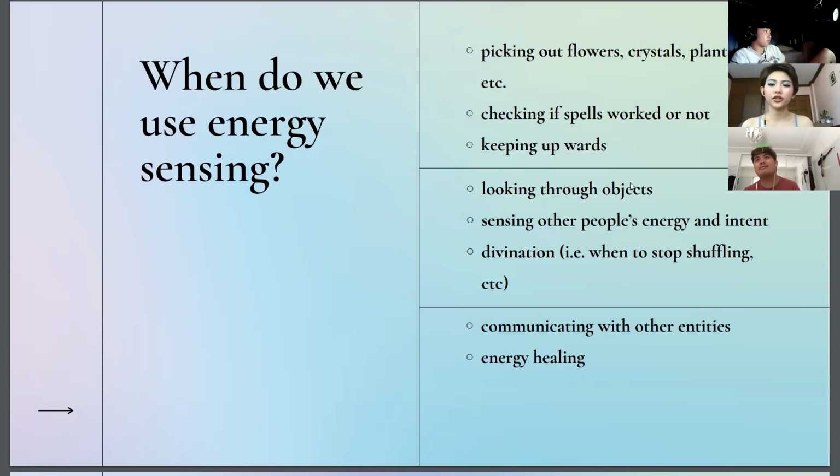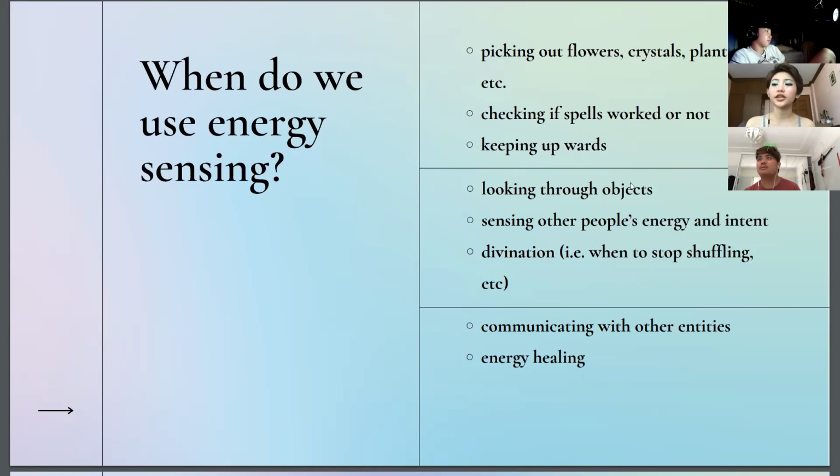This can also be applied to other forms of divination. It can also be sensing energy from the actual tools. For example, when you get a very strong inclination to start doing divination at a random time of the day, that is energy sensing as well.